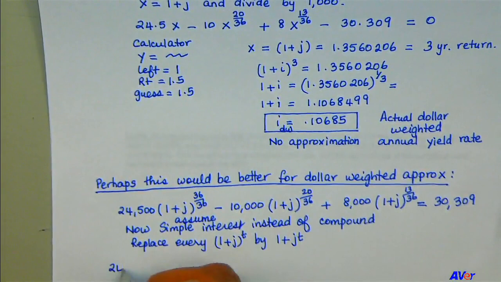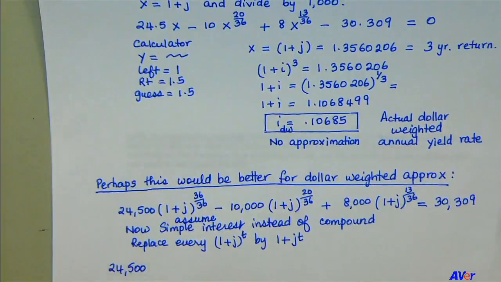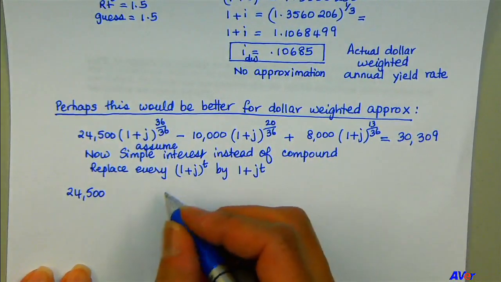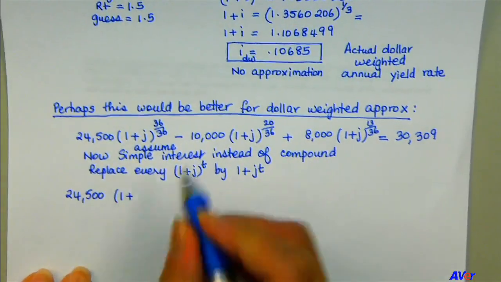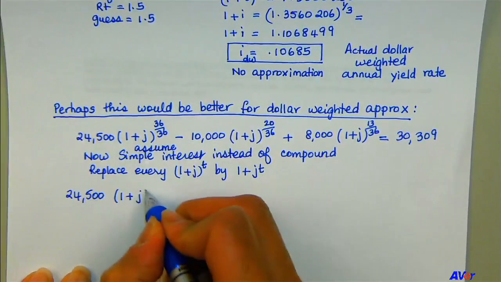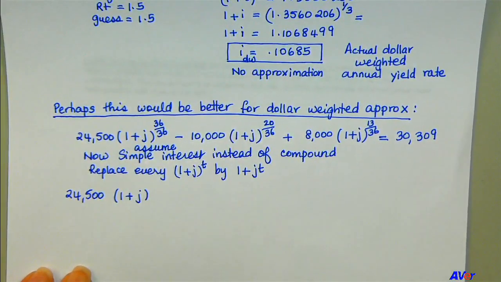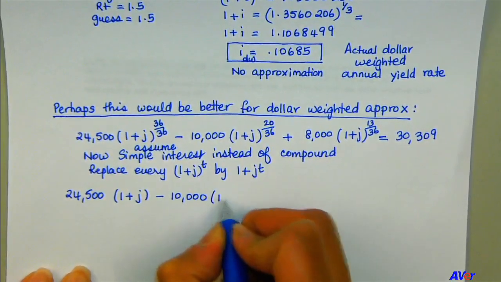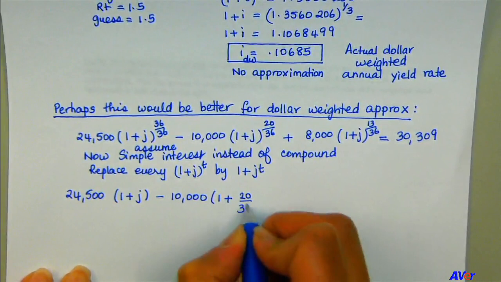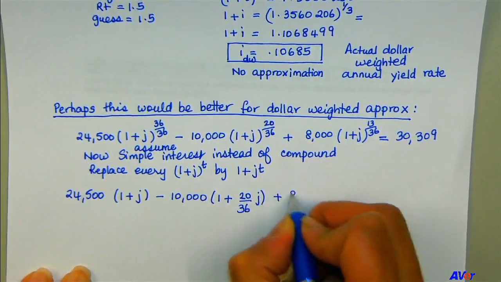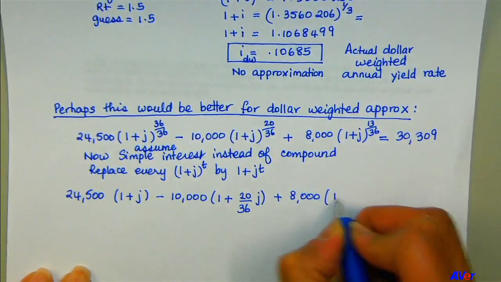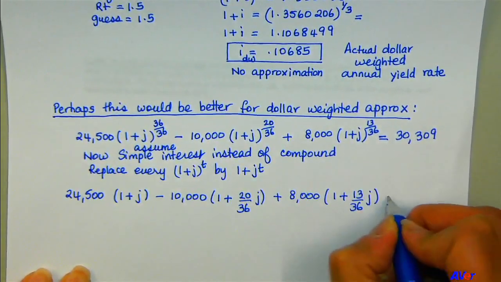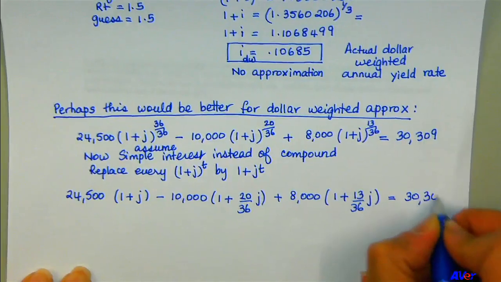So this would become 24,500 times (1 plus j) times 1, which I don't have to write, minus 10,000 (1 plus 20 over 36 j), plus 8,000 (1 plus 13 over 36 j), equals 30,309.